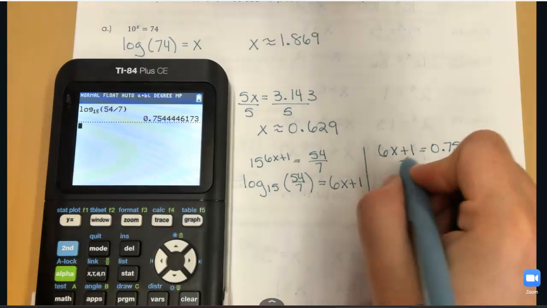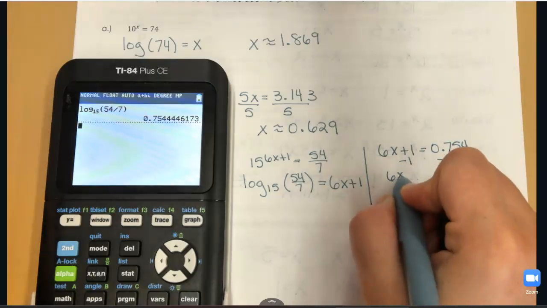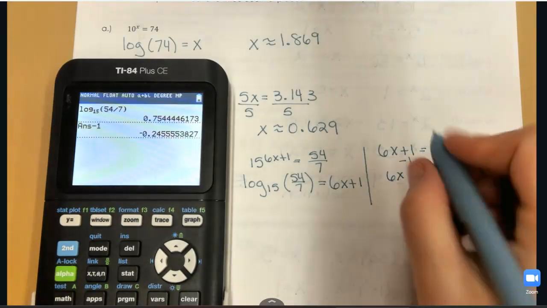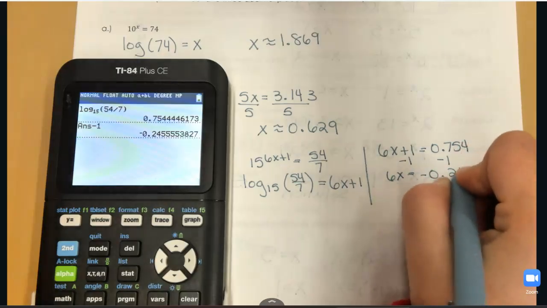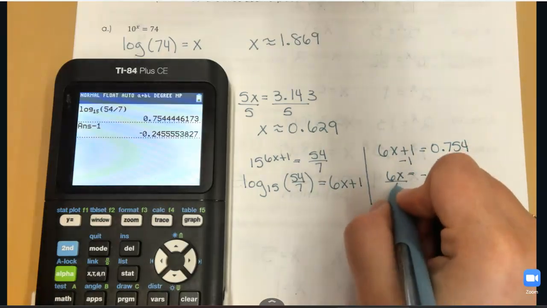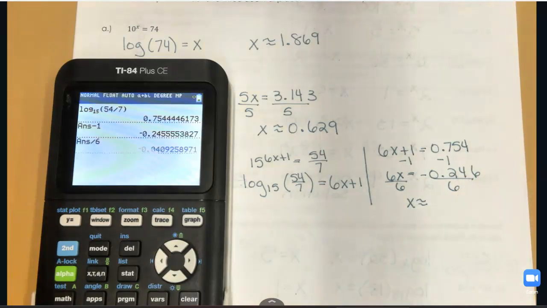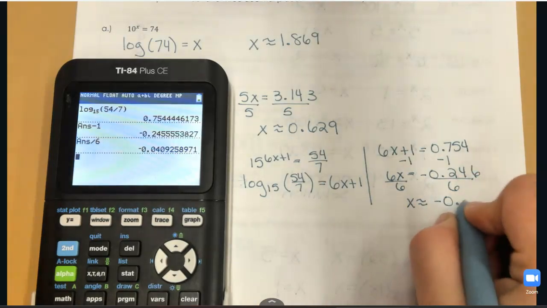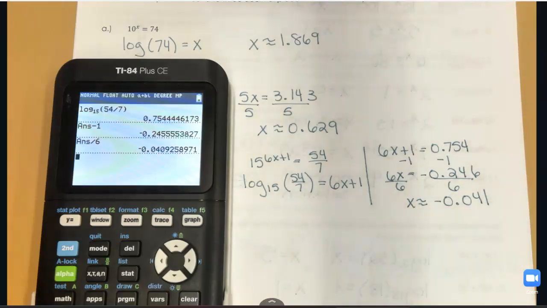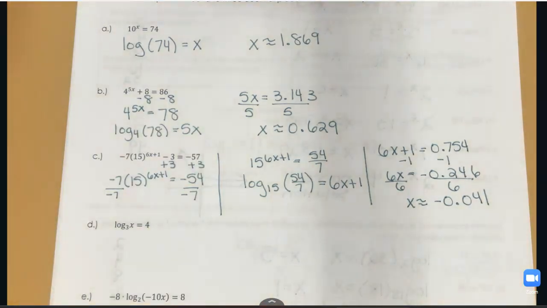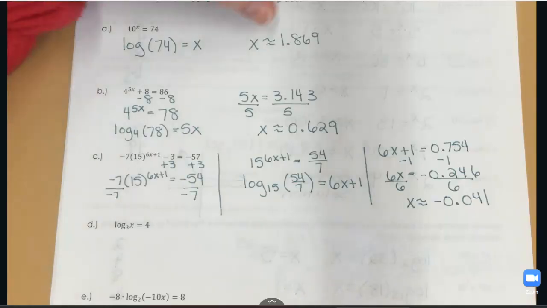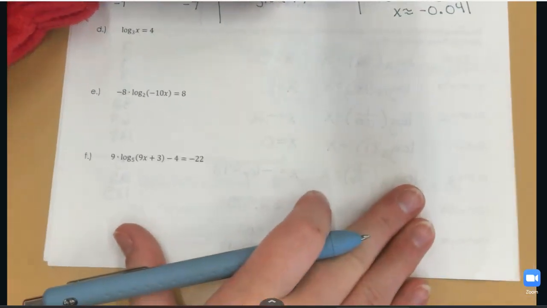I still have to subtract 1. And then I'm going to have to divide by 6. So here is my final answer to 3 decimal places, -0.041. Okay, that ends off our exponential equations. We are going to move on to log now.